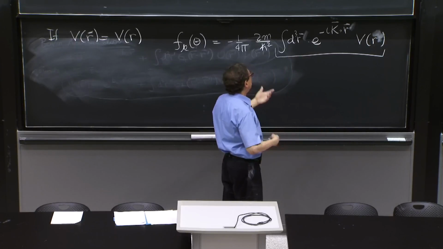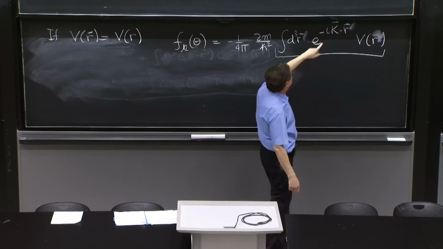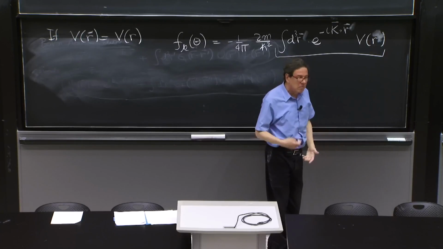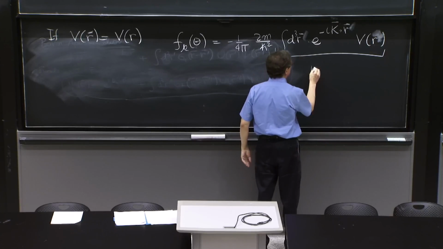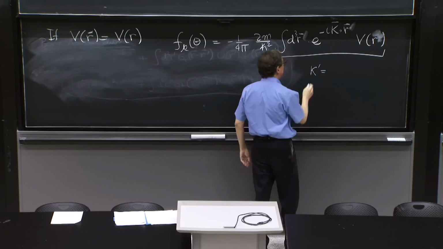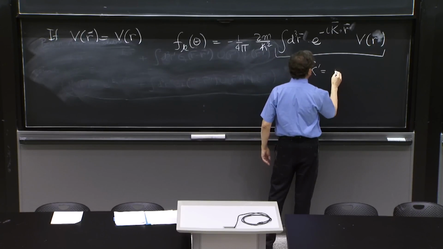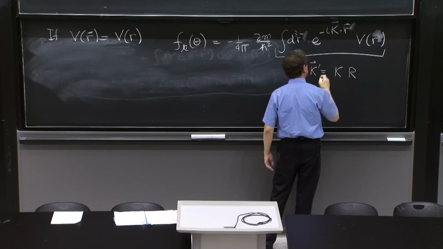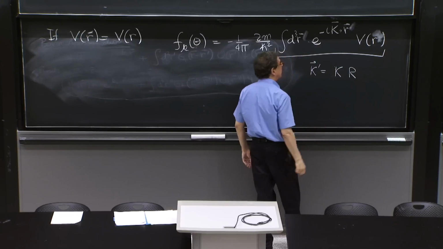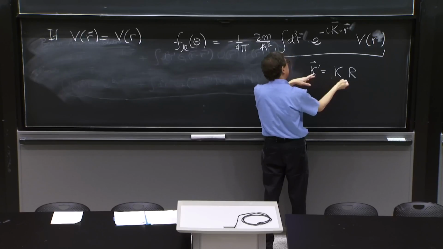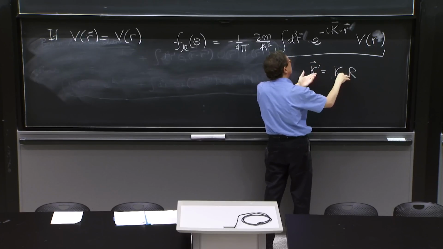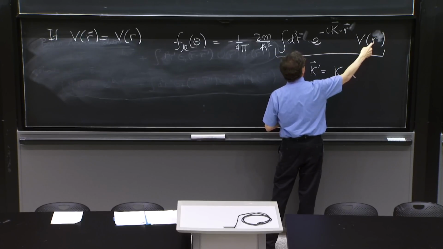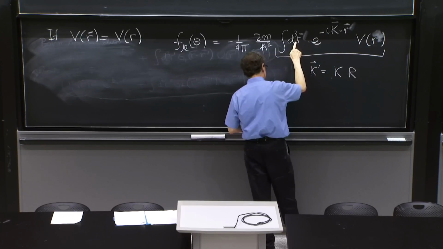Or you can think in another way. This answer, if I would have put another vector k prime here that is obtained by rotation, think of k prime, which is obtained by a rotation matrix acting on the vector, say from the left. Well, you would say, OK, if it's acted by a rotation, I can instead make the rotation act on the vector r. This potential doesn't change on the rotations, and this measure is invariant on the rotation.